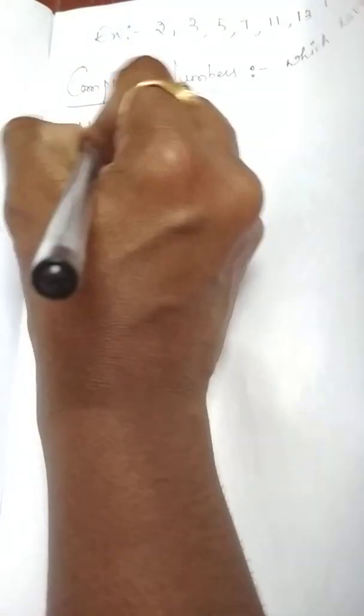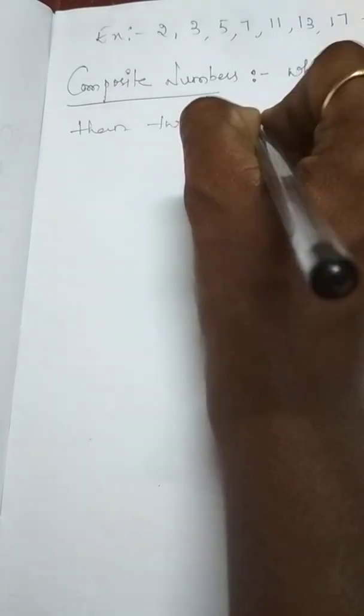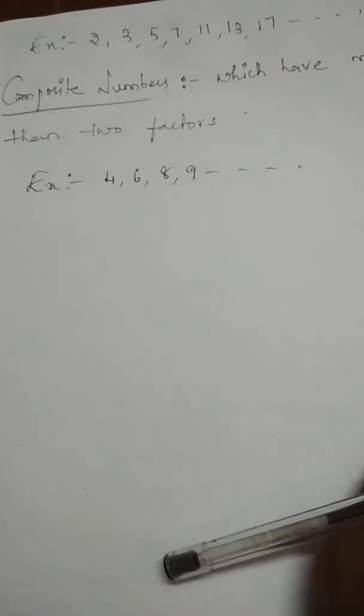For example, 4, 6, 8, 9, and so on. These are called composite numbers.